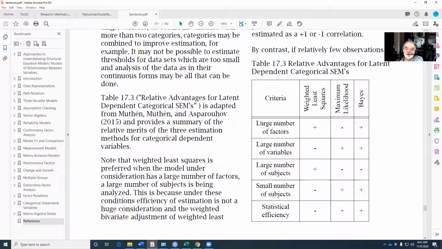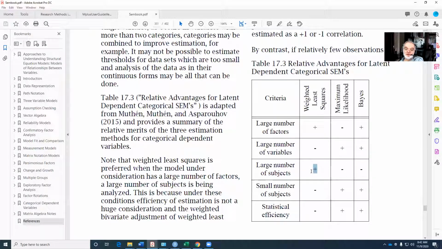So if your model has an awful lot of factors, weighted least squares and using a Bayesian analysis works fairly well. And if you have a lot of variables, maybe maximum likelihood and Bayesian estimation are preferable.